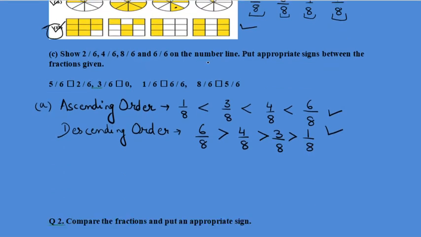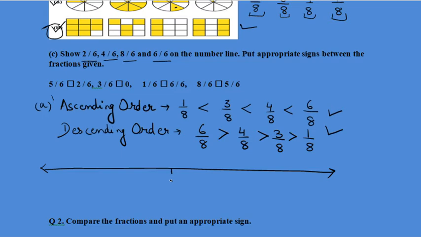C part is show 2 by 6, 4 by 6, 8 by 6 and 6 by 6 on the number line. So we will draw the number line. This is the number line.